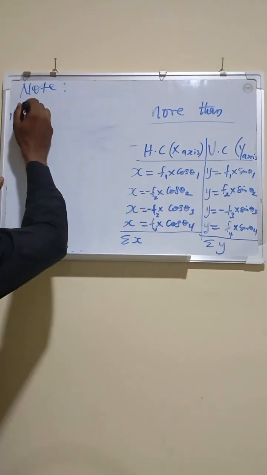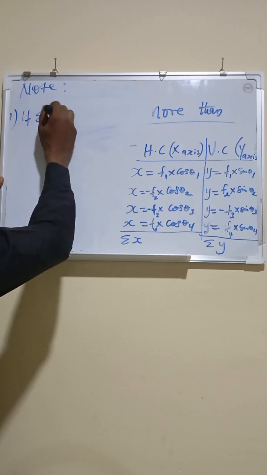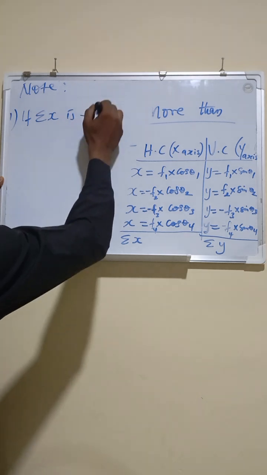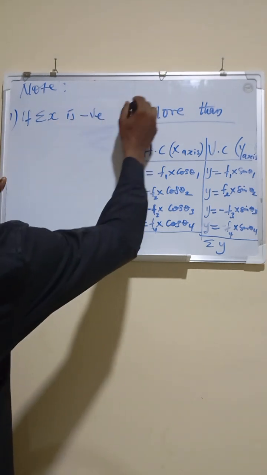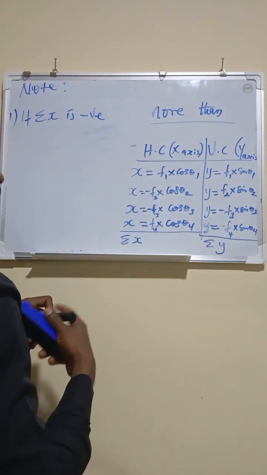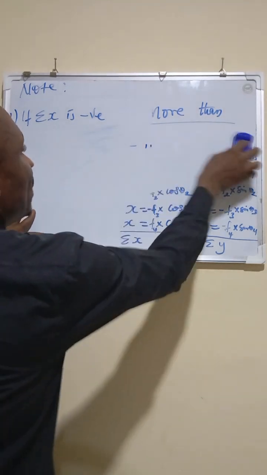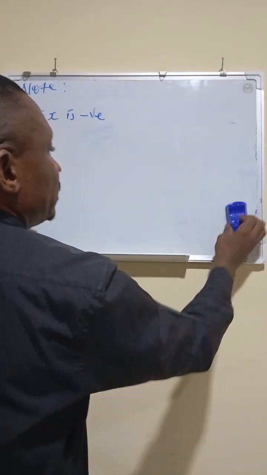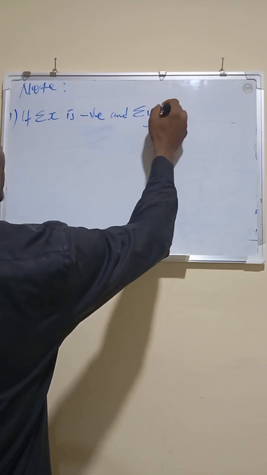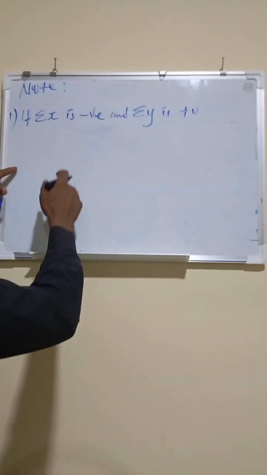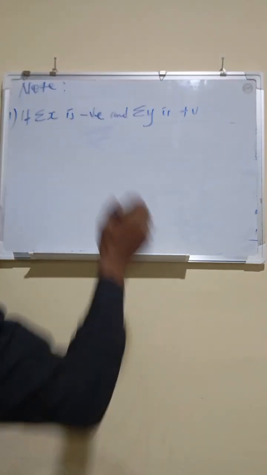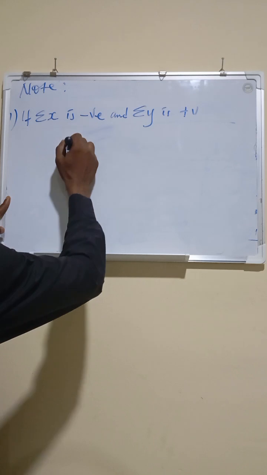So if summation of x is negative, and the summation of y is positive, the diagram you will draw to represent these resolved vectors will be this way.